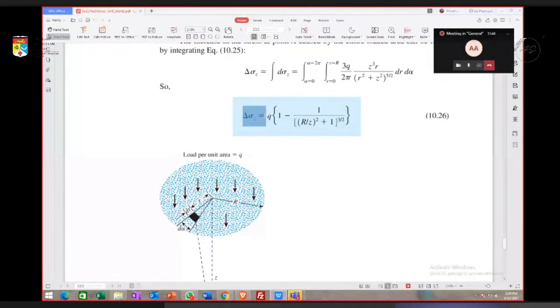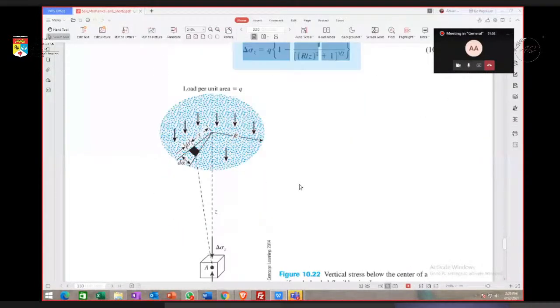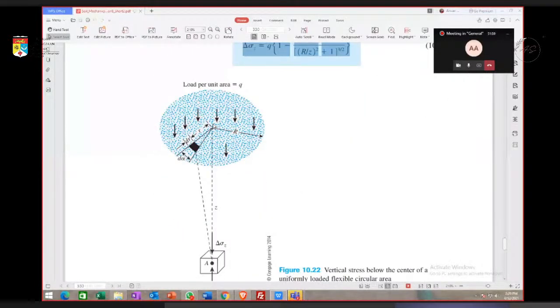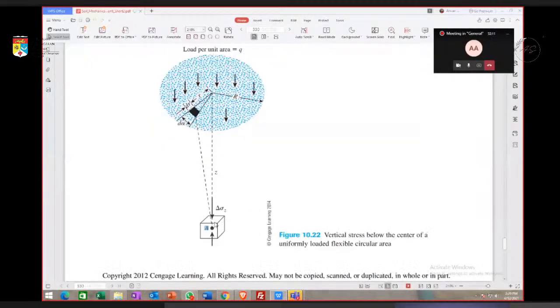But still we need to know where the reference point is. The reference point is exactly at the center of the circular area. A is the point of interest where we want to calculate the increase in stress.